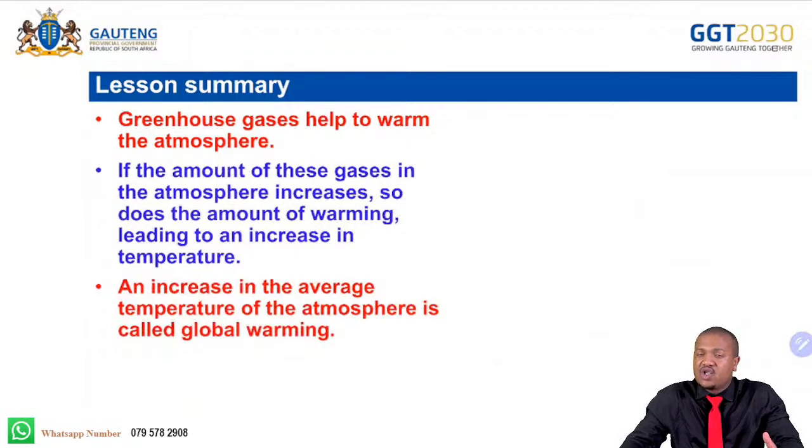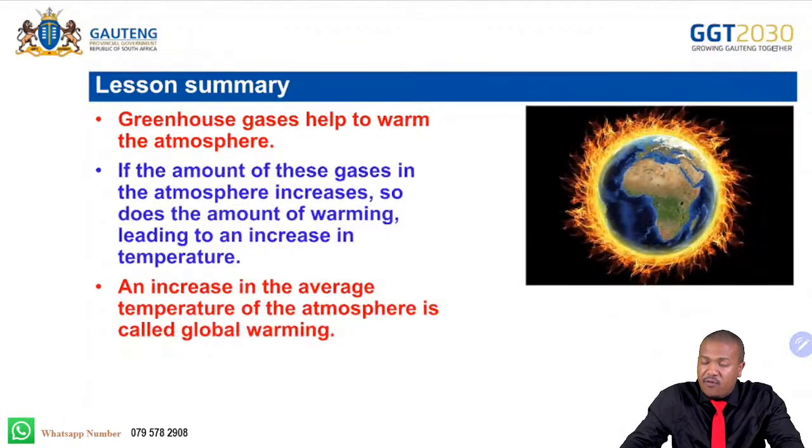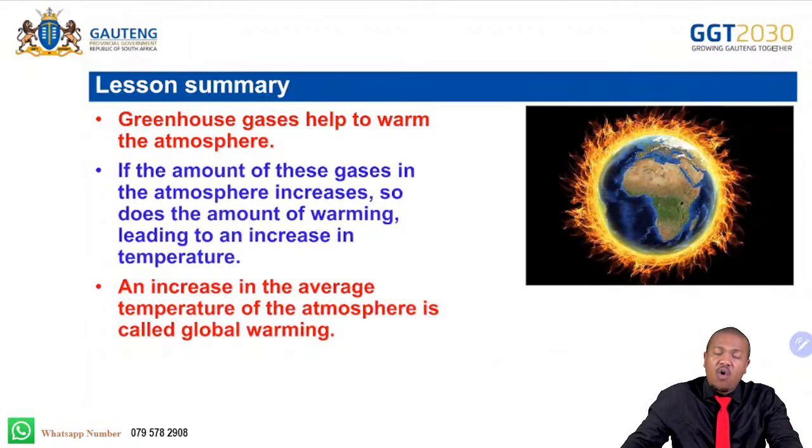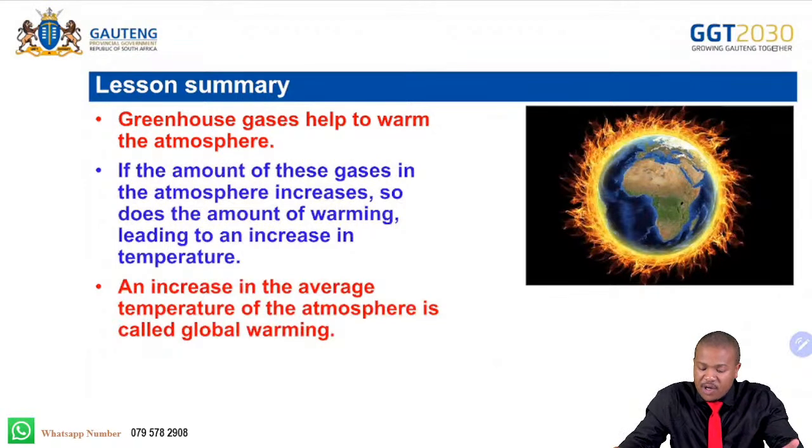So what leads to this increase in greenhouse gases, right? Like burning of fossil fuels, burning coal when we're generating electricity, when we're having fires at home, right? The emissions from our cars' exhaust, right? These are all contributing factors to global warming, right?